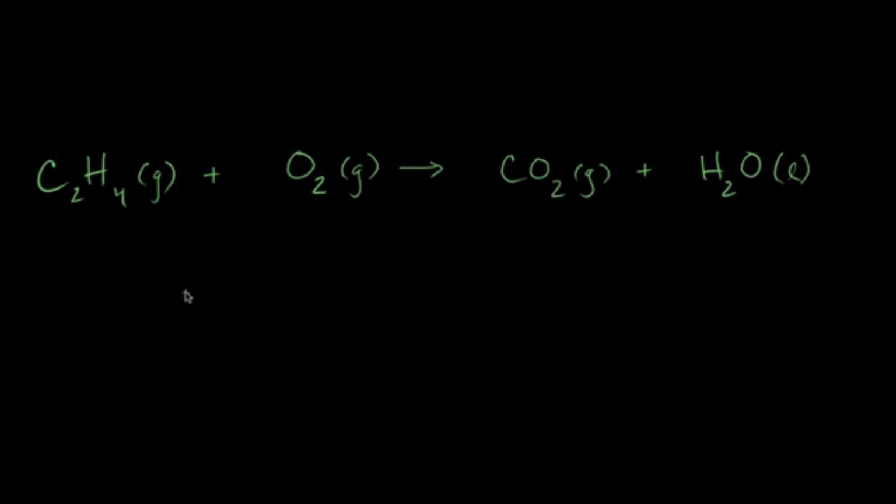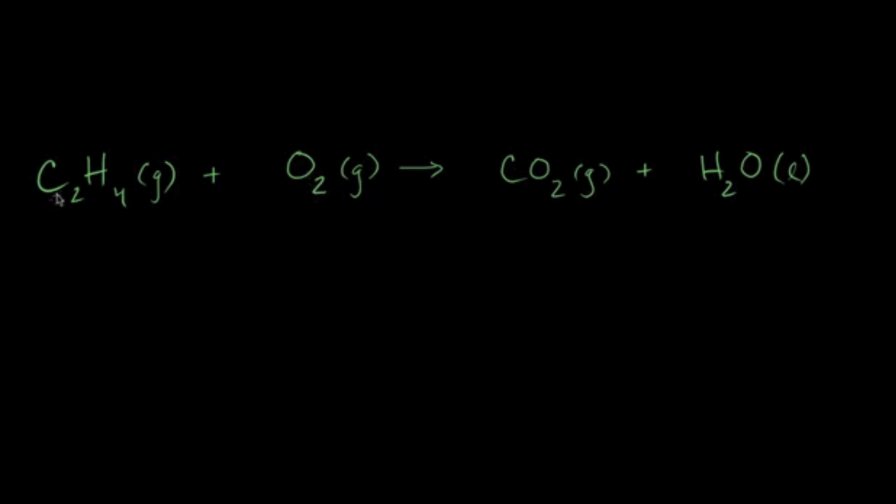The general idea is try to balance the molecules that have multiple elements in them first, and leave the molecules that only have one element in them for last. And the idea there is that these are harder. They're going to have all sorts of implications. And then at the end of the day, you can just set a number here for the number of dioxygens.